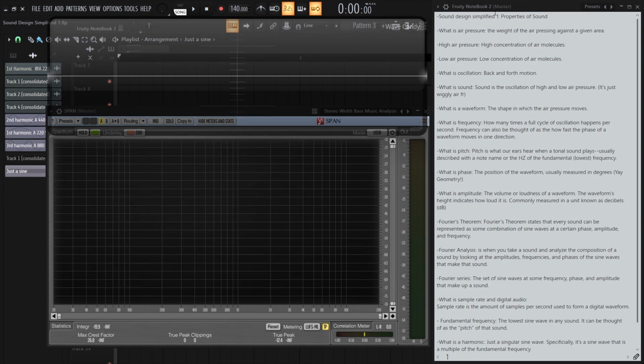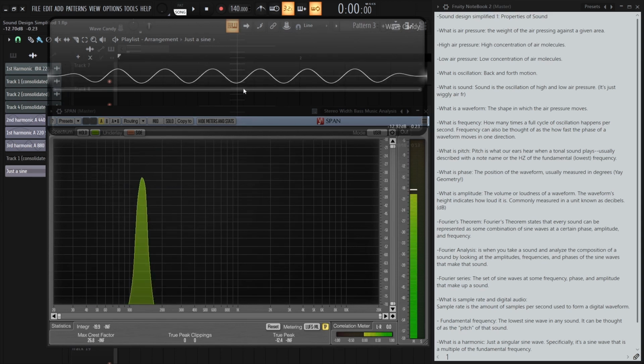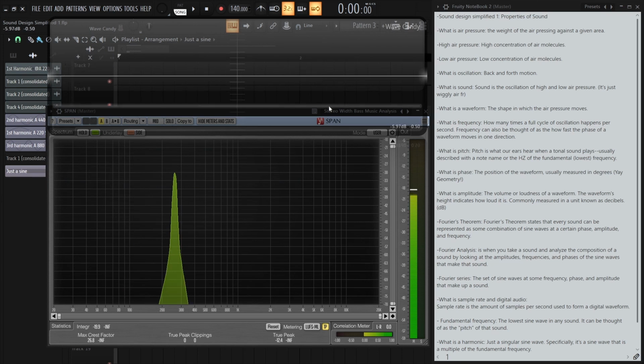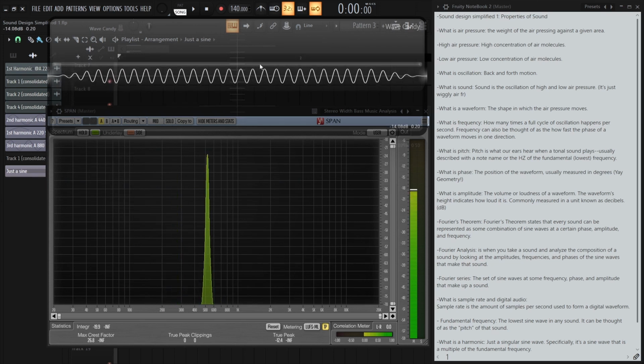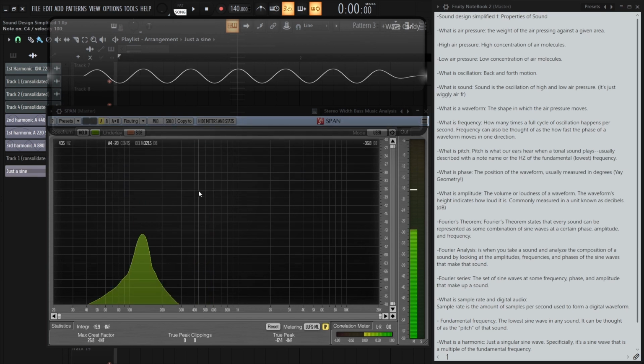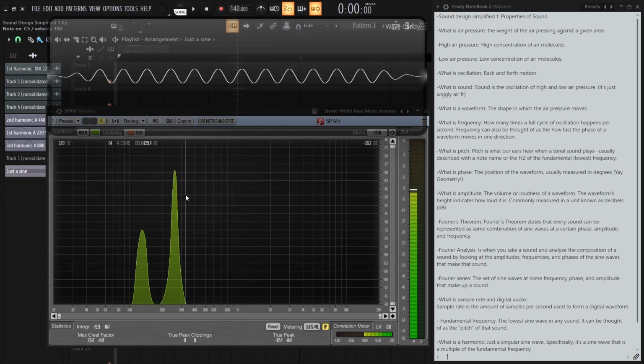In the example, if you look at the oscilloscope, the lowest frequency had the least amount of cycles. And then as I increased it, you can see the cycles grow more and more. And this is what we mean by cycles per second. The more cycles there are in a waveform, the higher the frequency. And in the frequency spectrum, we just see it move from left to right, like this.